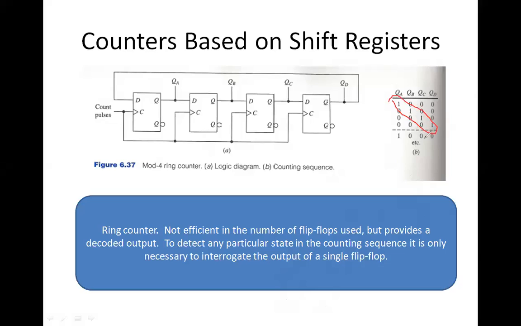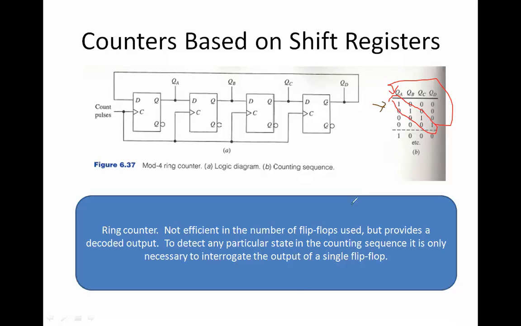Then again, this D is fed back to whom? It is fed back to QA. So again, this cycle repeats. After this state, after the clock pulse, this will be passed on and it will come to QA, which means it is referring to our first state. After the first state, it continues with the next state.